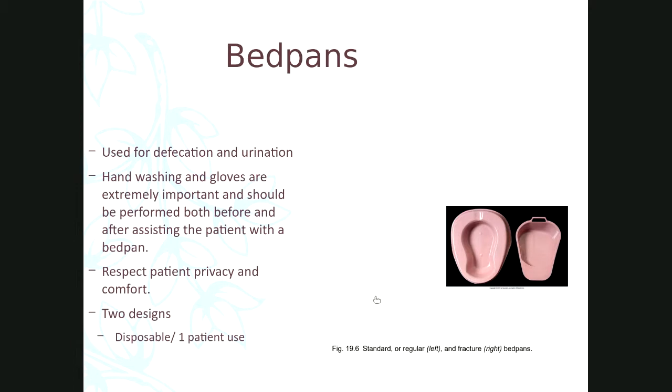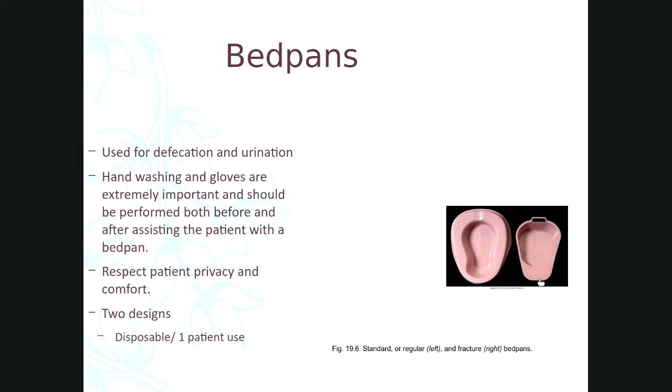These bedpans are used for defecation and urination. If it's a female patient, then she typically is using a bedpan for both, to urinate and to defecate in. If it's a male patient, they're going to use the urinal to urinate in, but they'll use these for defecation.